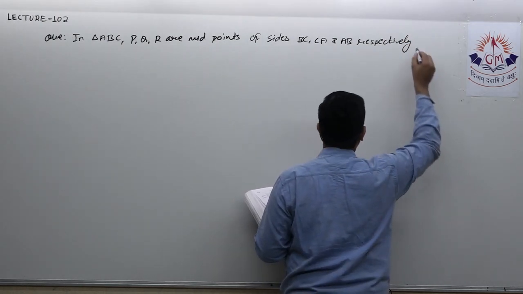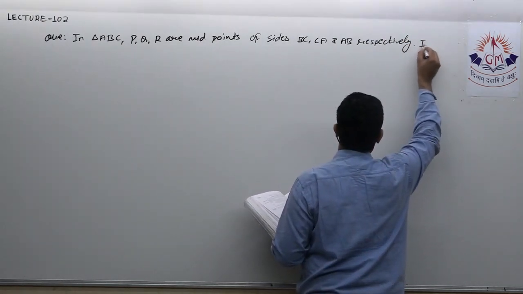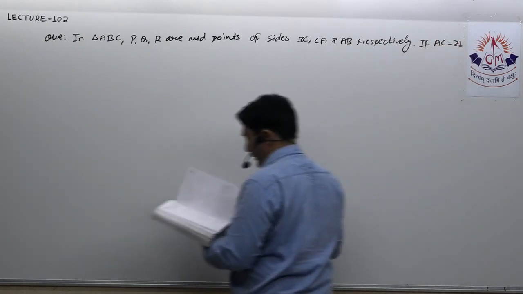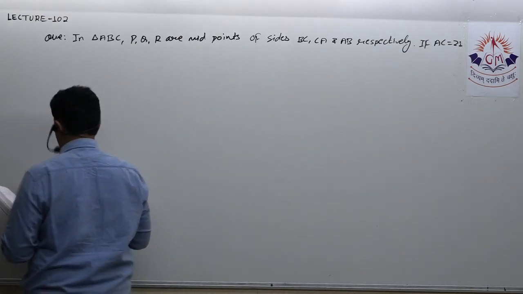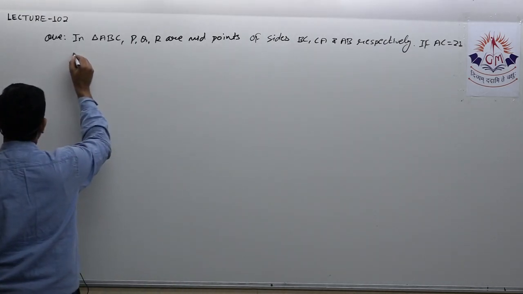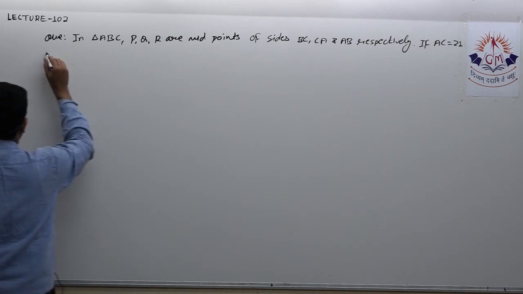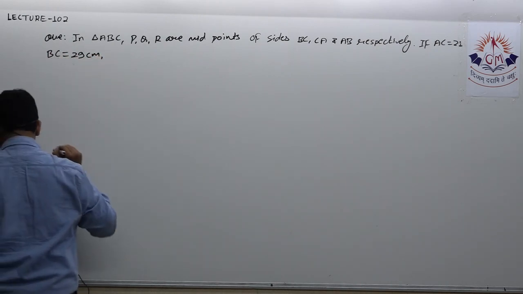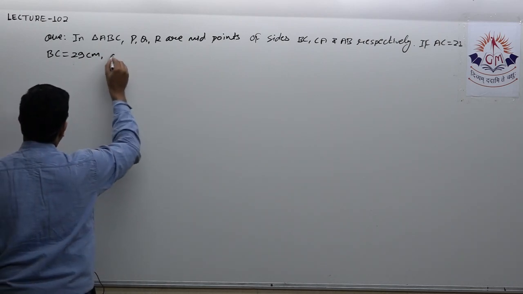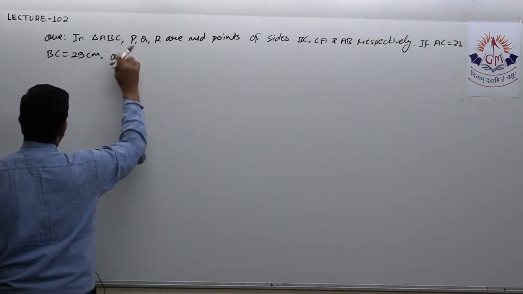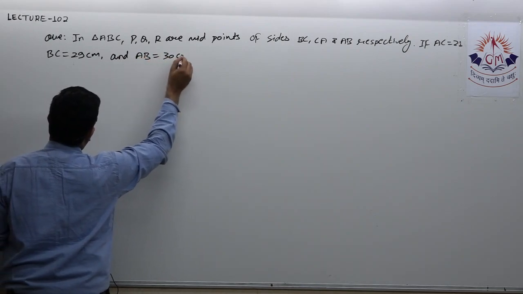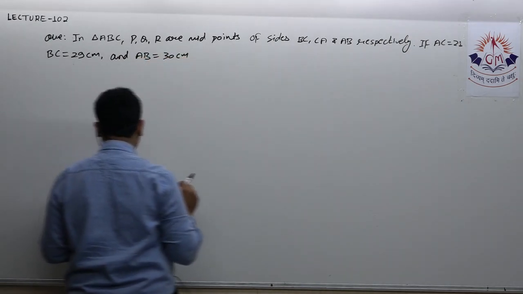If AC is equal to 21 centimeter, BC is equal to 29 centimeter, and AB is equal to 30 centimeter.